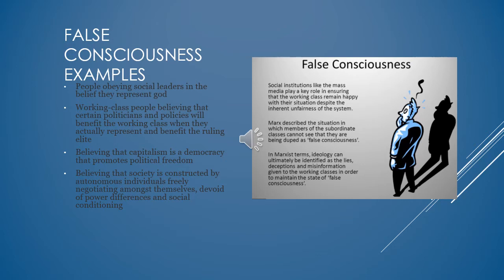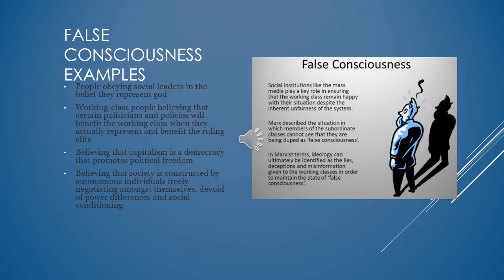So we believe that we are aware or conscious of the facts of the world. In Marxist terms, ideology can ultimately be identified as the lies, deceptions, and misinformation given to the working class, what he calls the proletariat, in order to maintain the state of false consciousness. So examples on the left-hand side of false consciousness: people obeying social leaders in the belief that they represent God.